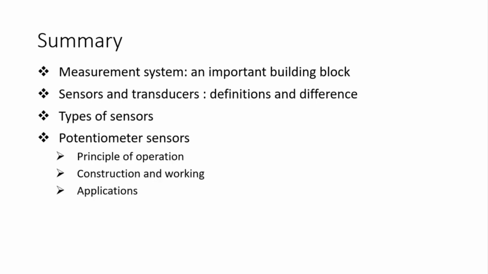Then we looked at various types of sensors used in automation in manufacturing. Basically, we have seen the classification, and then we started studying the potentiometer sensor, its principle of operation, constructional details, and important applications in industry.